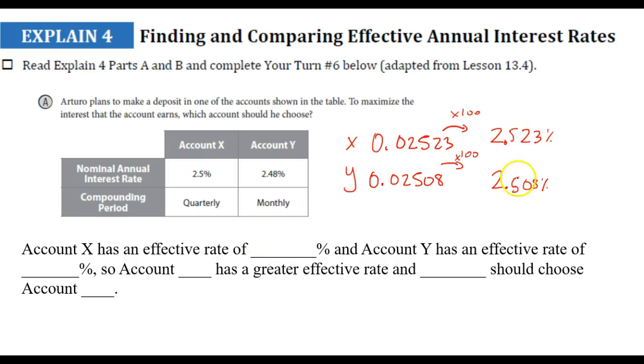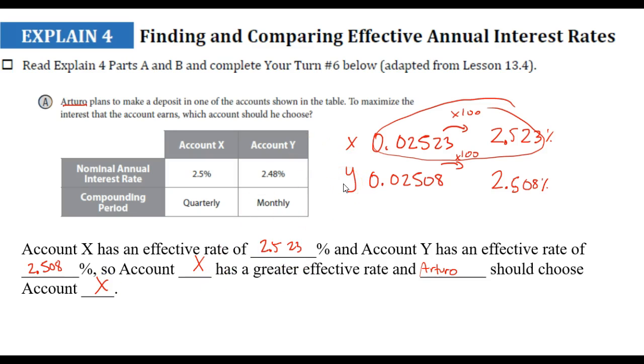Comparing these two and filling out our sentence starter, even though they seem pretty similar, account X is a little bit larger, and Arturo should choose account X if he's going for the greater interest.